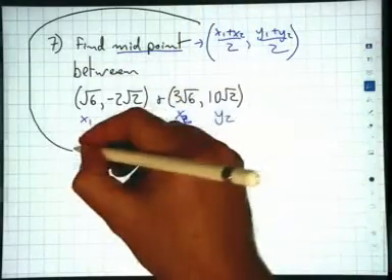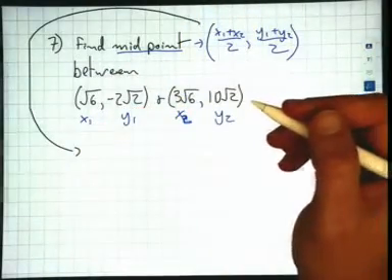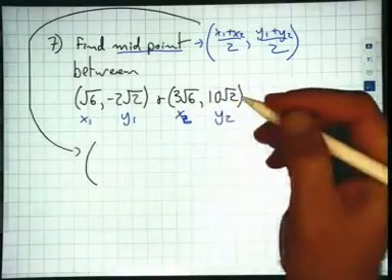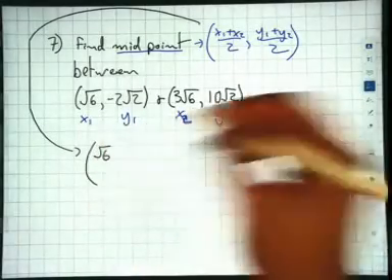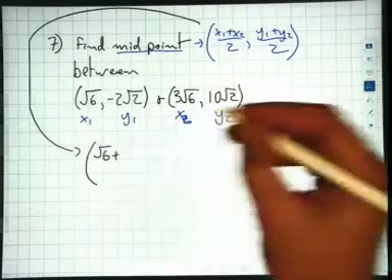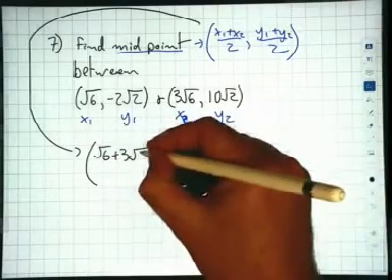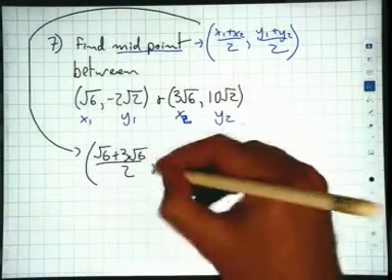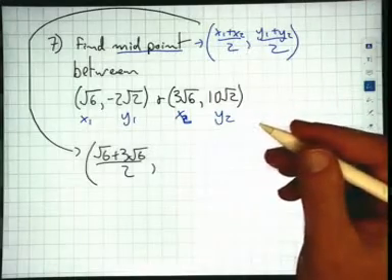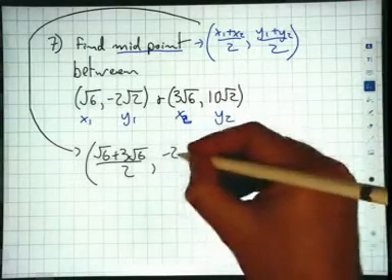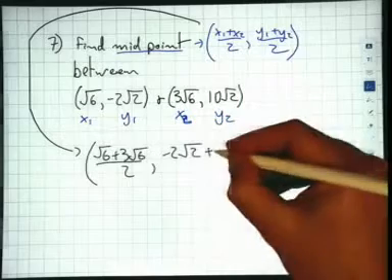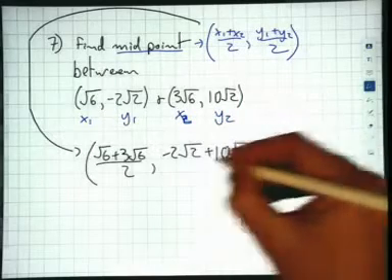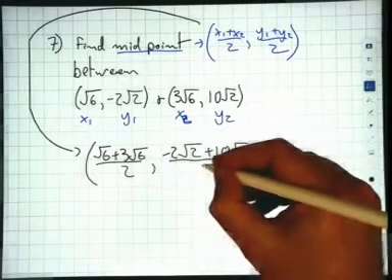So here we go. We have x1, so that's root 6, plus x2, so that's 3 root 6, over 2. And then y1, so that's negative 2 root 2, plus y2, it's 10 root 2, over 2.